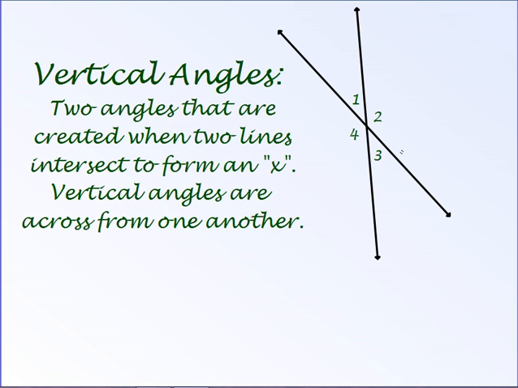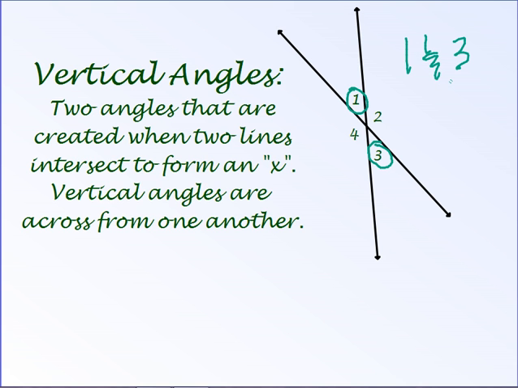Finally, vertical angles. Vertical angles are only created when two lines form an X. Watch out for this because a lot of people forget that when it forms a K, vertical angles don't happen. When two lines form an X and there are four angles created, the angles that are across from each other, like 1 and 3, are called vertical angles.